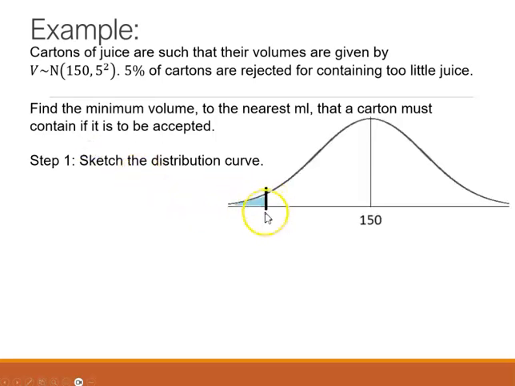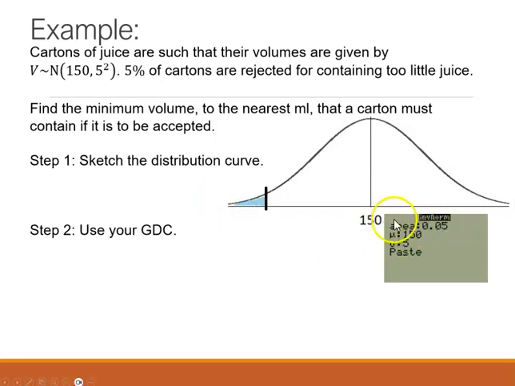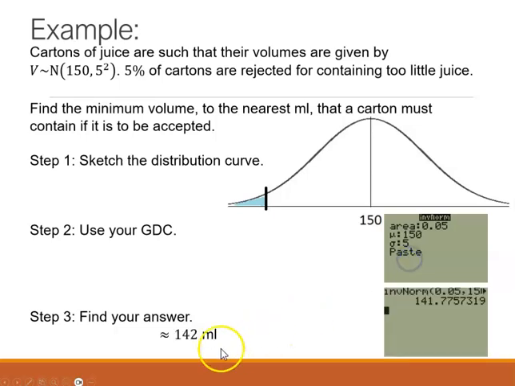So this is my picture for my 5% that are rejected for having too little juice. So let's find that. 142 milliliters is the minimum volume.